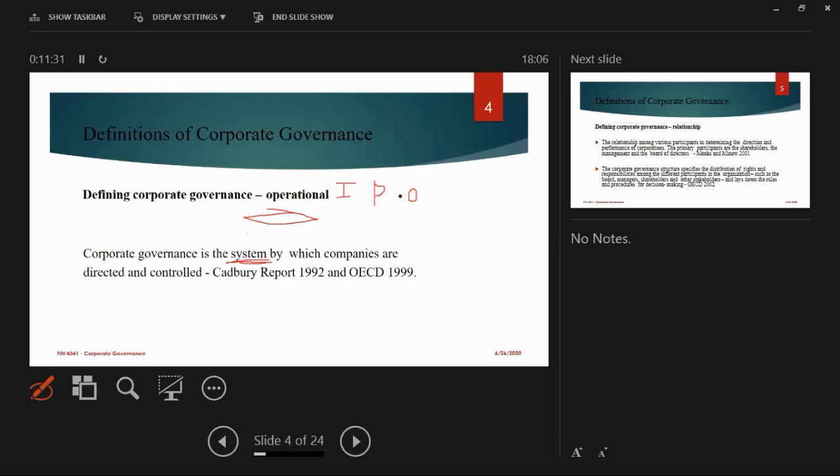So corporate governance is this system by which companies are directed and controlled. So what do you think the inputs of corporate governance are? If we look at corporate governance as a process or a system, can you suggest the inputs, the process and the outputs of corporate governance?